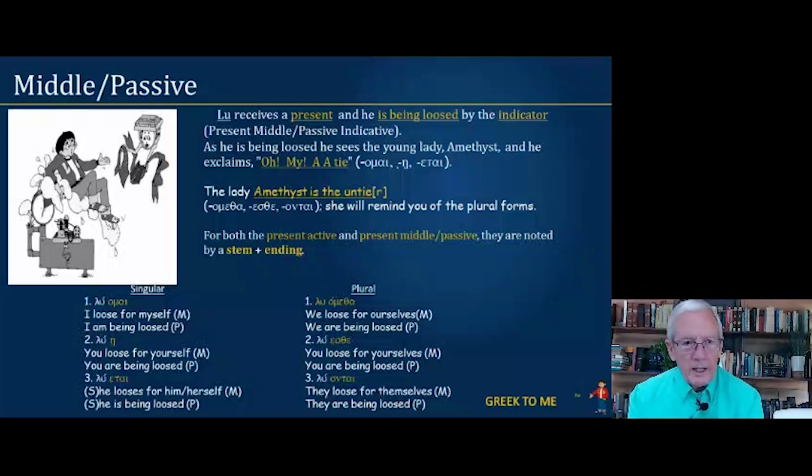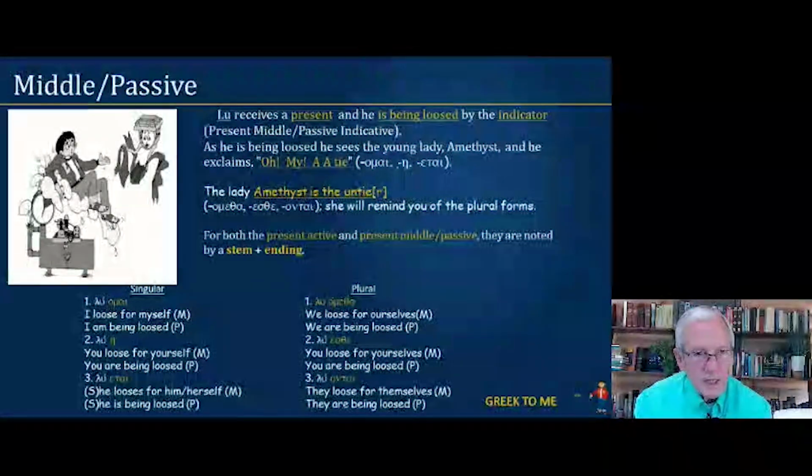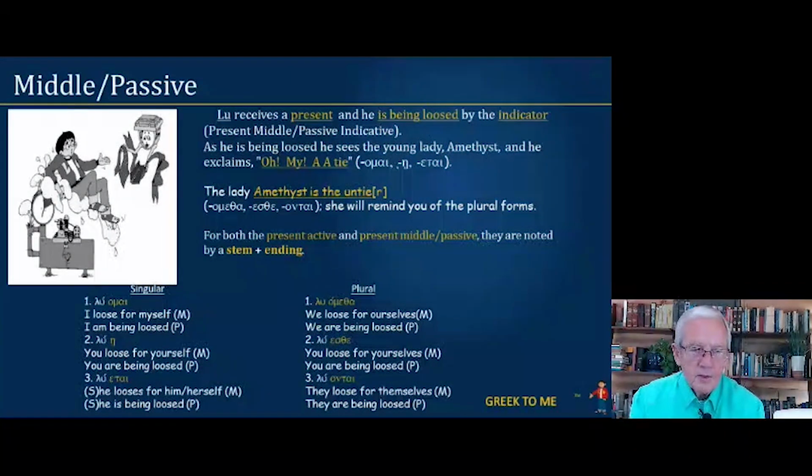Luomai, lueai, luetai. Luometha, luesthe, luontai. Now, luomai, you'll see in the middle means I loose from myself, or I am being loosed, is the passive. Same holds true for the second singular, and the others are the same to that.